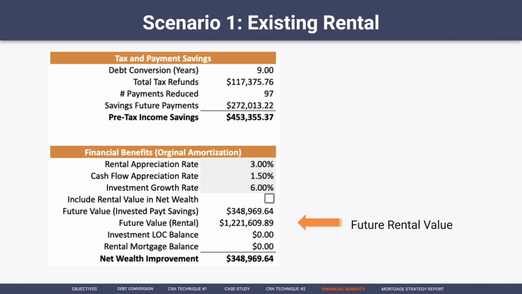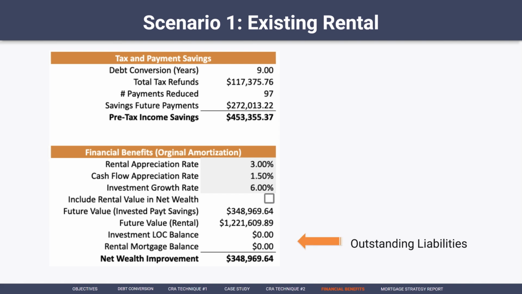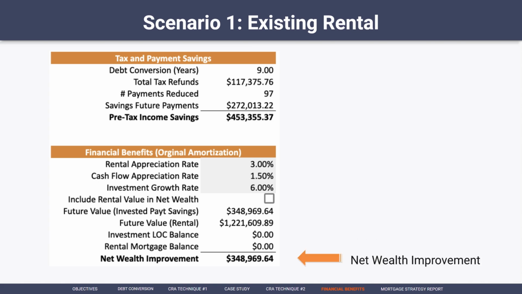We also calculate the future value of the rental, which is $1.2 million. There are no outstanding liabilities. The investment line of credit and the rental mortgage are both paid in full. And finally, we see the net wealth improvement of $348,000, which is essentially the future value of the 97 monthly payments at the 6% growth rate.